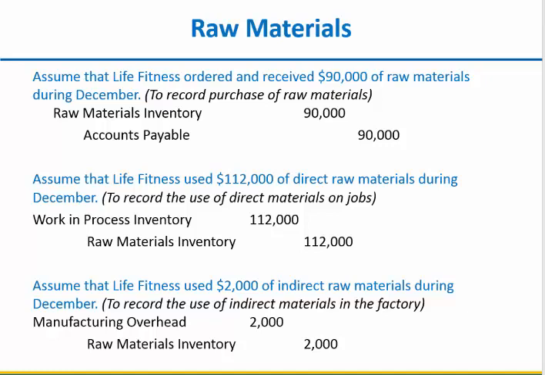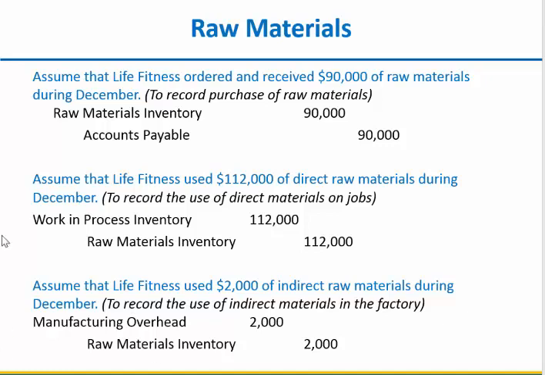Let's assume that I purchased raw materials on account, so I'm going to end up with accounts payable. That's my liability. Therefore, you're going to post a debit to raw materials inventory of 90,000, and accounts payable will receive a 90,000 credit.